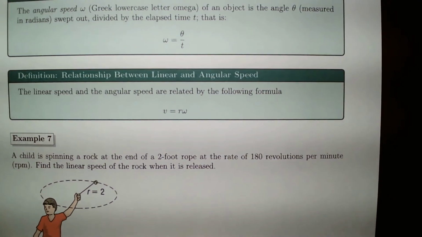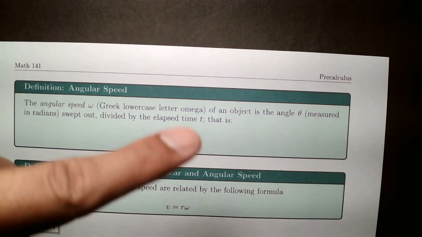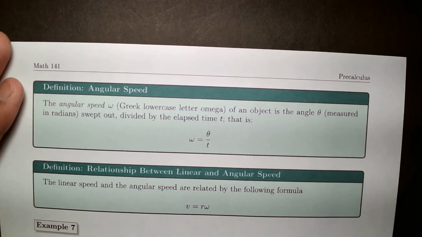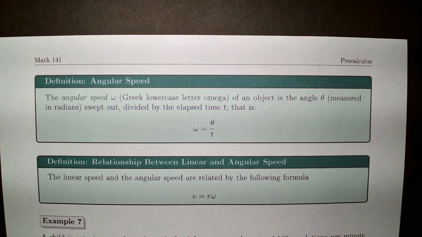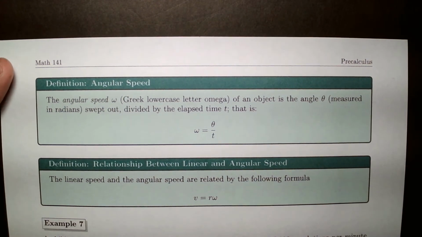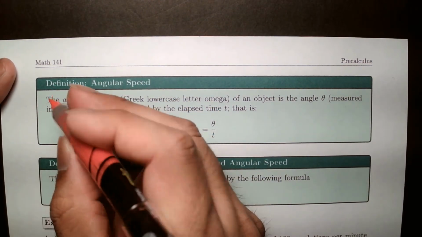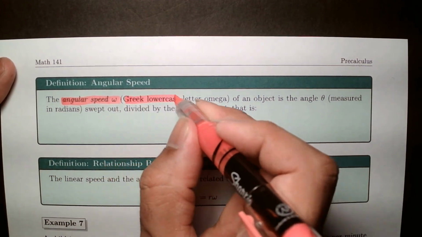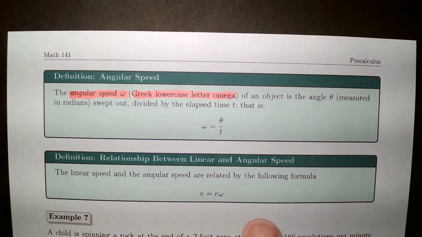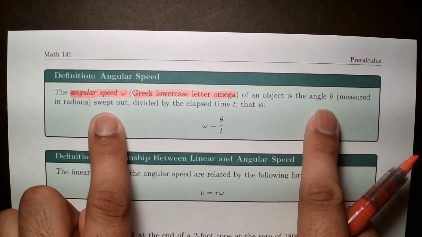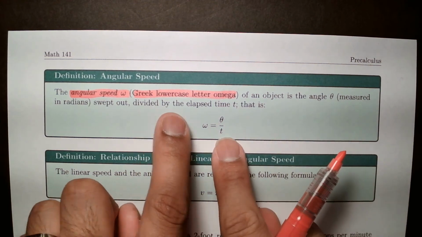And now, how can we turn this into circular motion? Because objects also move in circular shapes, and in this case we will use a different term called angular speed. So the angular speed, which is denoted with the lowercase omega, of an object is the angle swept out, and we divide that by the time.